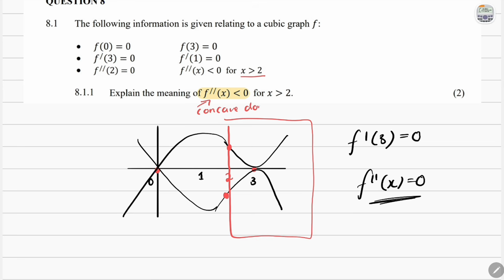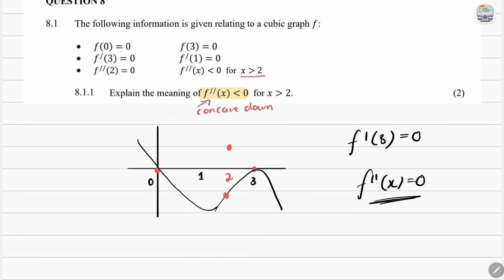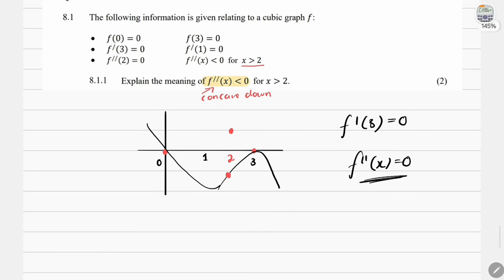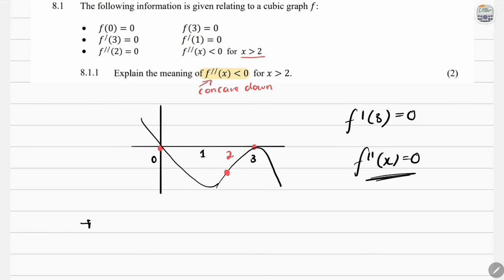So if it is concave down here, then we know that this is what the graph looks like. It's not this one. So the question is really just explain this. And from the beginning, I already said, it just means that the graph is concave down. So we can say f is concave down where x is greater than 2.